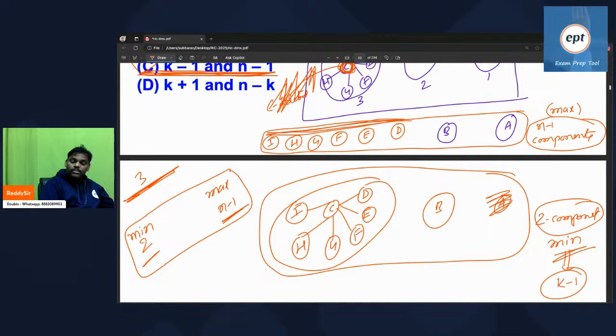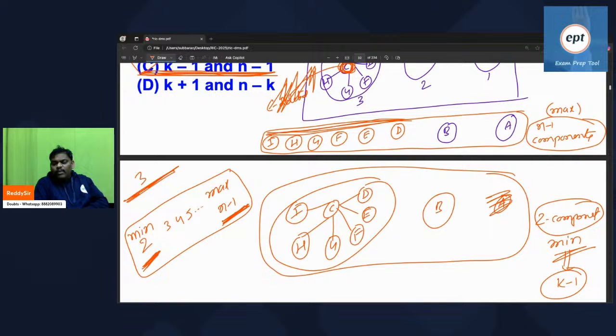Interesting thing is in between is also possible. We are giving only boundaries. 3 is also possible, 4 is also possible, 5 is also possible, and so on. But maximum is this, it doesn't cross it. Minimum is this, it doesn't cross it. Some students are asking, sir, is 3 possible?